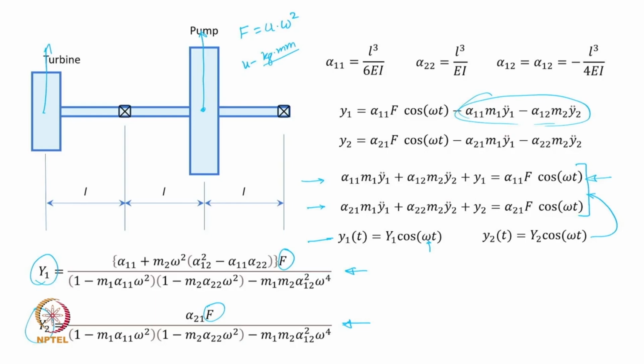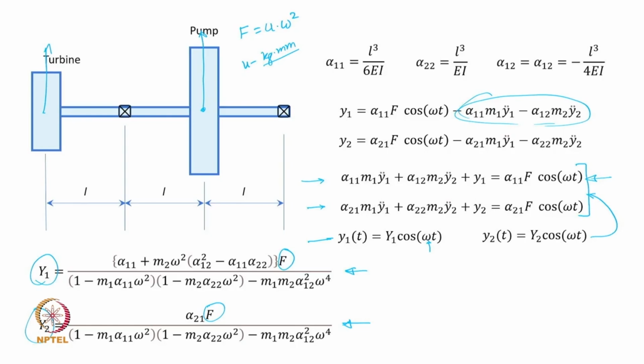In that particular case, alpha 2 2 and alpha 1 2 will also appear if you want to include both of them simultaneously. But this is the way to find out the total harmonic response in the lateral vibration by utilizing the concept of influence coefficients.